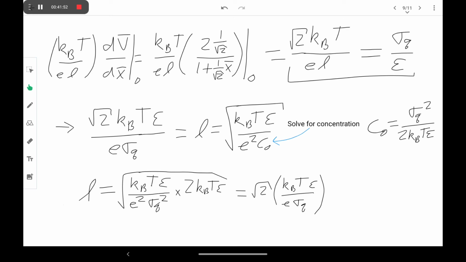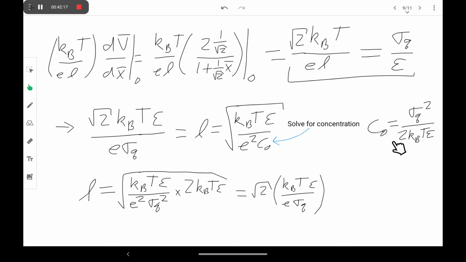Okay, so let's solve for this L because I know that's where the concentration is. So I basically multiply this L up here, and I divide by the sigma q and multiply by the epsilon. So I have all the other constants on this one side equals L. And now I open up L and see what it is, and I have to solve for this. And so I'll let you do that math. You square both sides and solve for the C0.